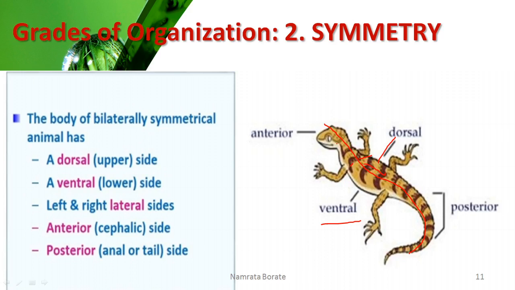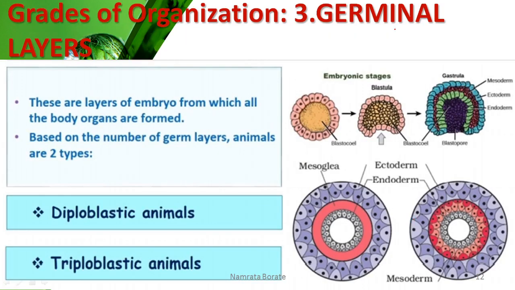There is an anterior mouth and a posterior tail portion with the anal side. So this animal also shows bilateral symmetry.